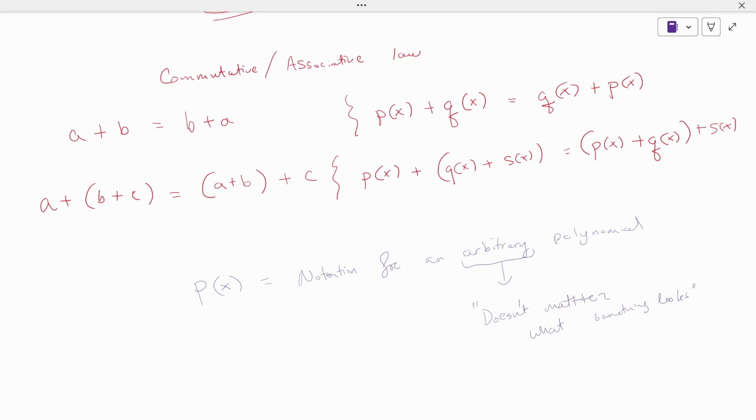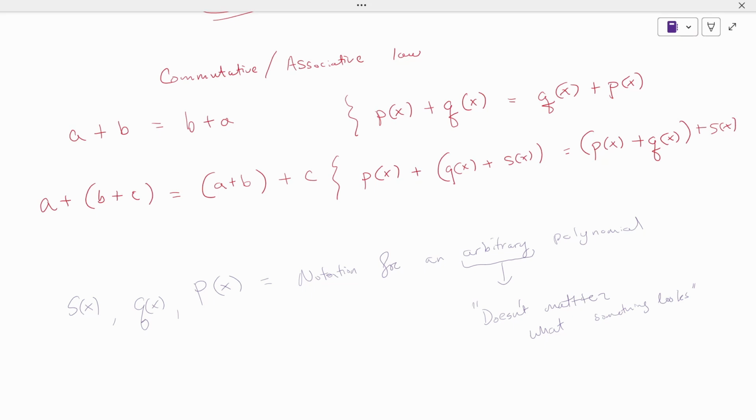When I'm trying to express the idea that I can take these quantities and start adding them together in different ways, we'll use the notation p of x or q of x or s of x just as a shorthand way to indicate that we're dealing with polynomials in an algebraic sense, okay?